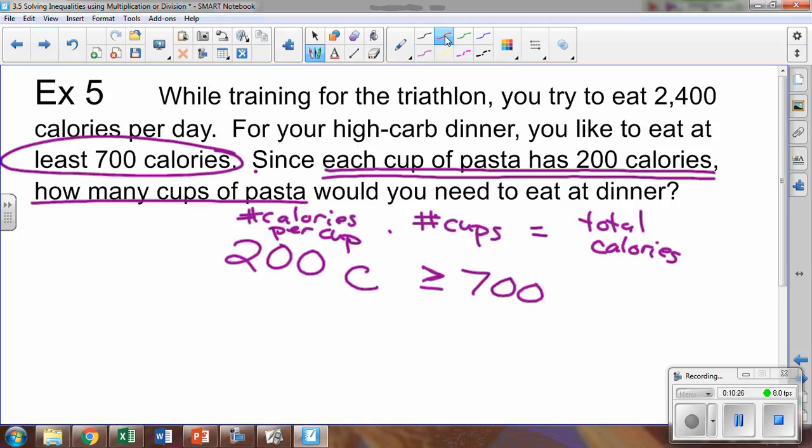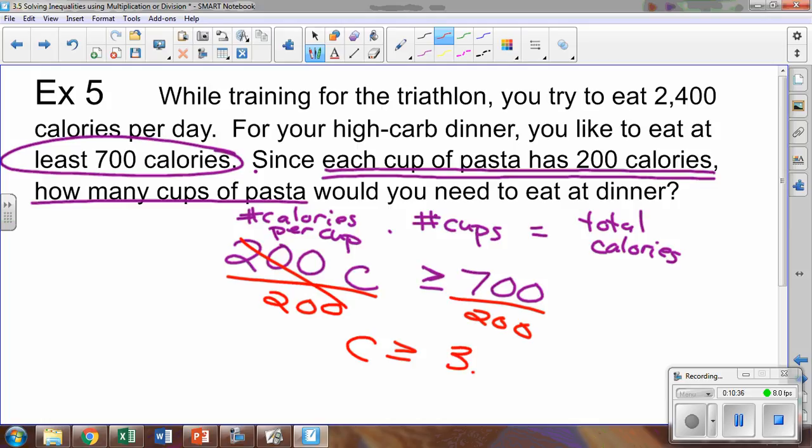When we wish to solve it then, we could very quickly just divide by 200, which tells us then 700 divided by 200, that's 3.5. You would need to eat at least 3.5 cups of pasta for your dinner.